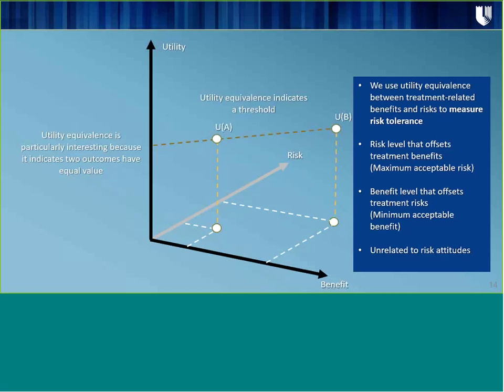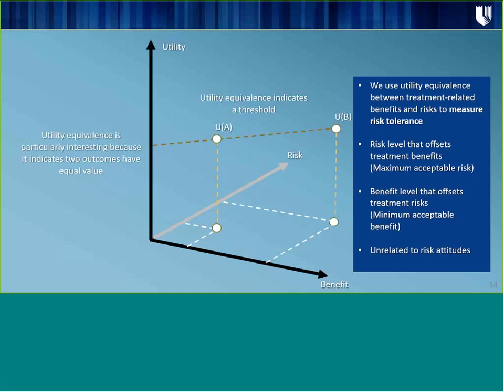If profile B is associated with the exact same level of utility, in principle, you ought to be indifferent between staying where you are, assuming everything else is constant, of course, or moving to this new treatment, okay?